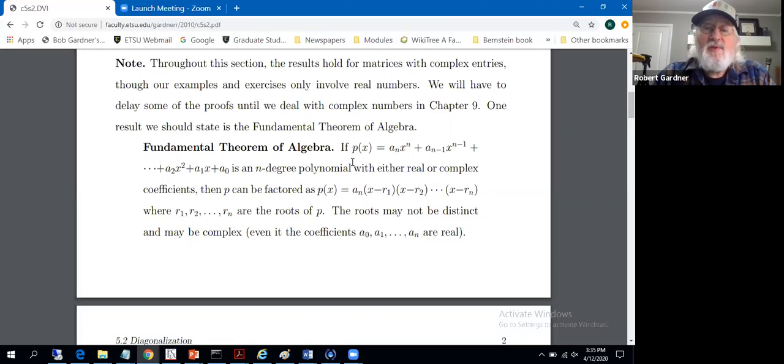Fundamental theorem of algebra says that P of x is a polynomial, say a sub n x to the n plus a sub n minus 1, x to the n minus 1, and so forth down to an x squared term, an x term, and a constant term.